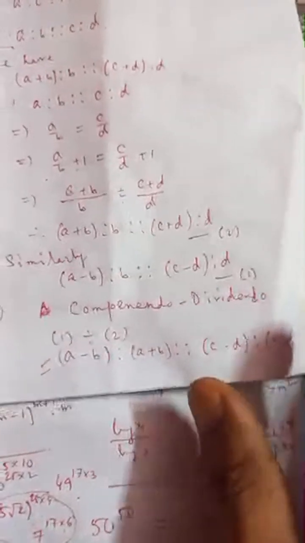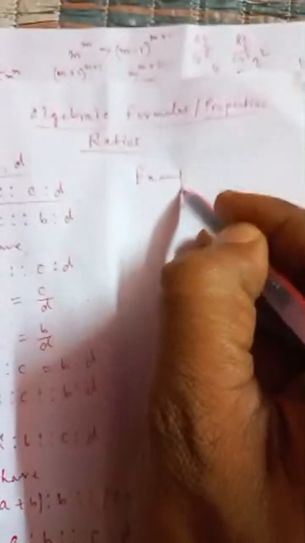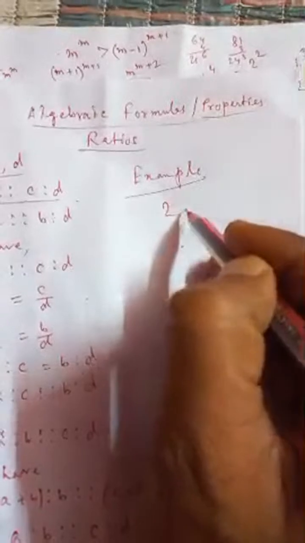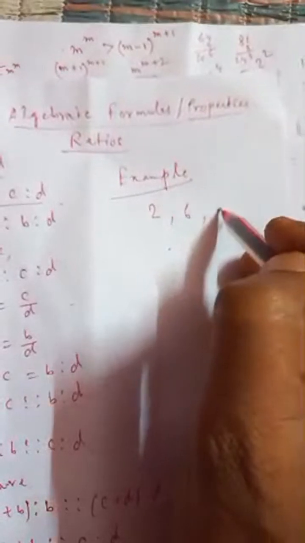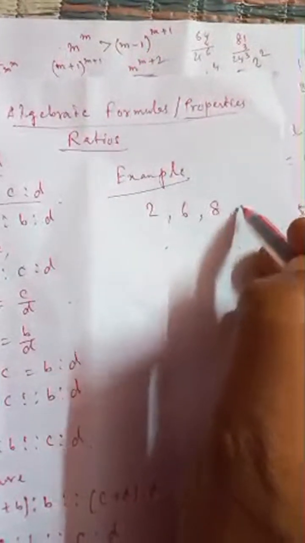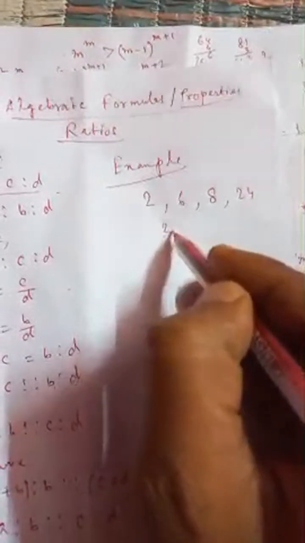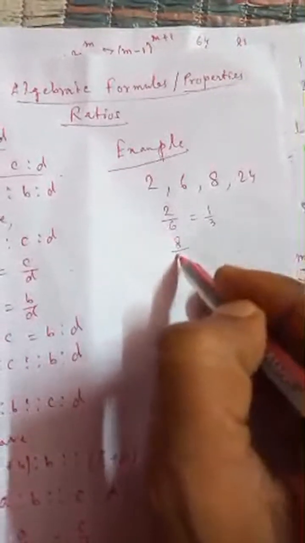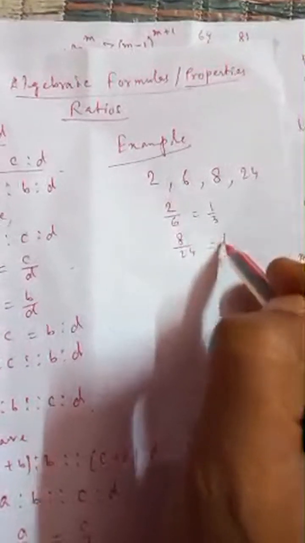Now we can take an example also. If four numbers 2, 6, 8, 24 have a ratio 2 by 6 is equal to 1 by 3, and 8 by 24 is equal to 1 by 3.